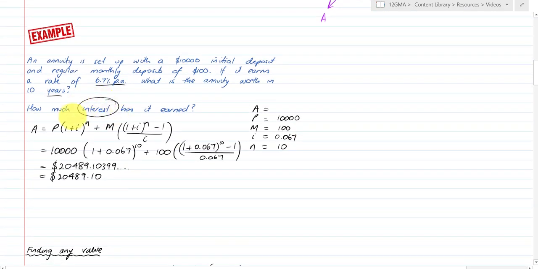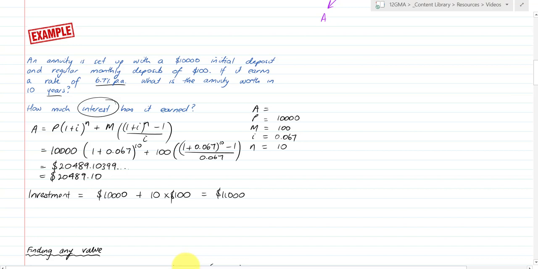Another question asks, how much interest has the investment earned? Well, let's consider my investment first of all. How much did I invest in this? Well, I invested $10,000, that was the initial amount I had, and 10 years worth of $100. And so this is the total investment of $11,000.